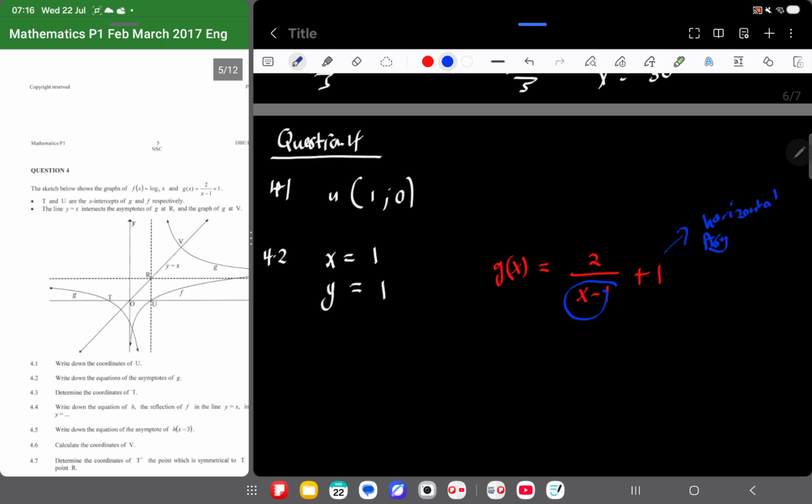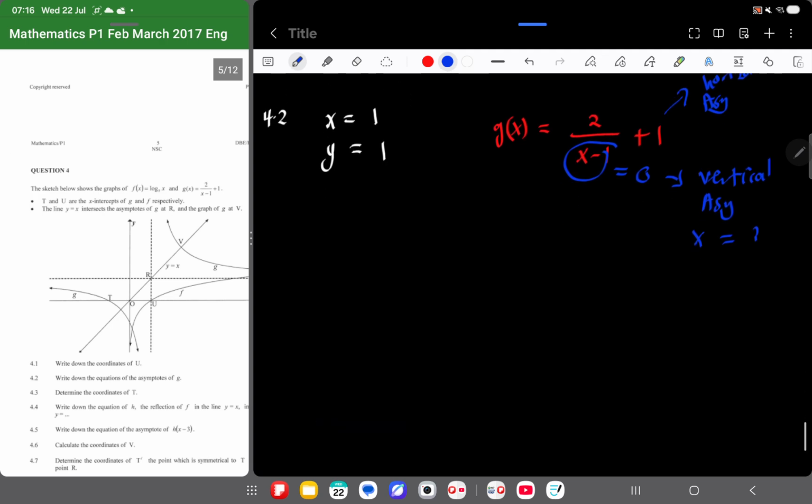This value, you set equal to 0, and it gives you the vertical asymptote. Remember, vertical asymptotes are given using x = dash, while the horizontal asymptotes are given using y = dash.